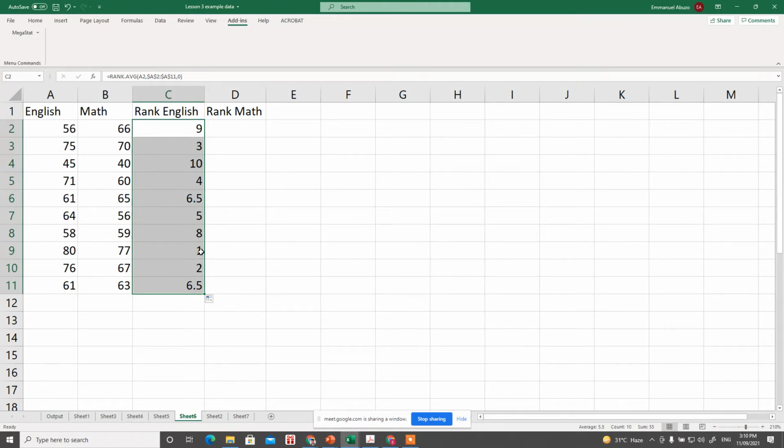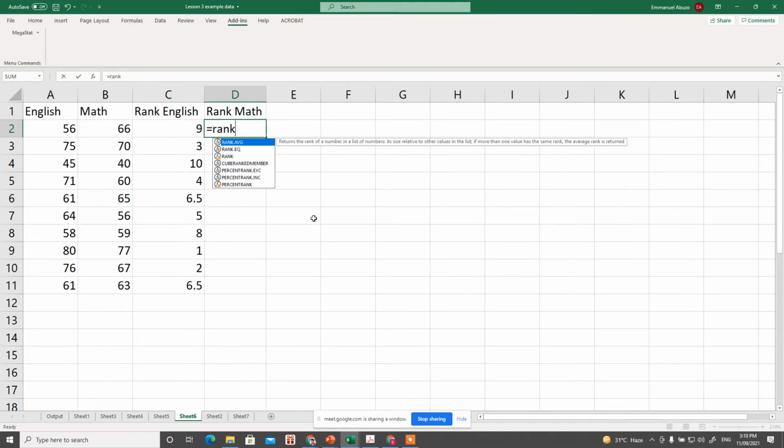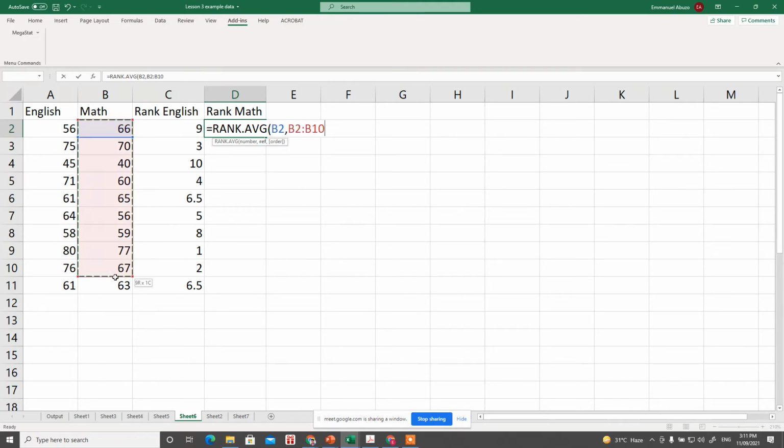So 1, 2, 3, 4, 5, 6, that's 6.5, then 8, 9, 10. Same what we're going to do in the math. We have the rank, and let's have this one as the reference.